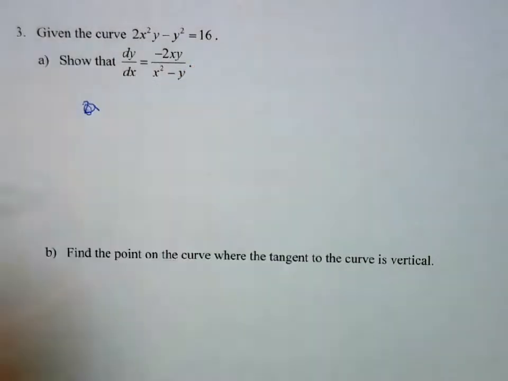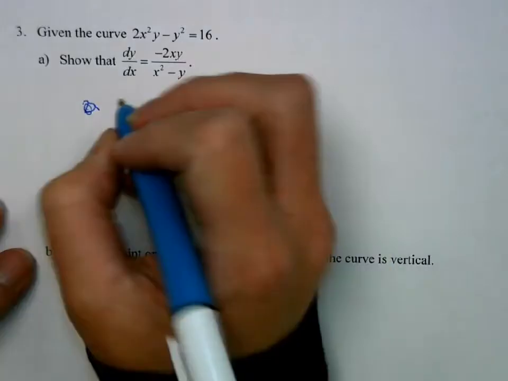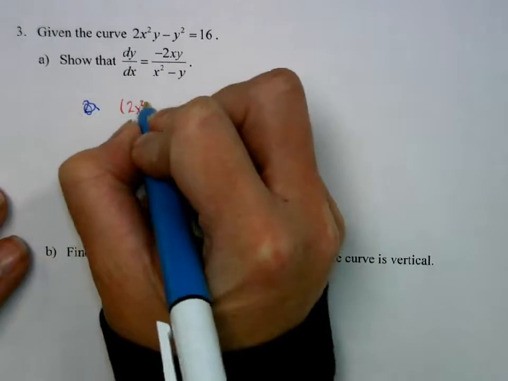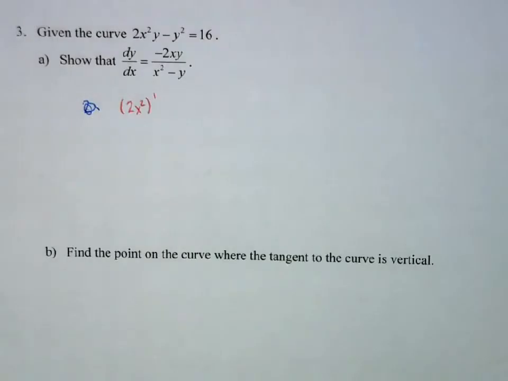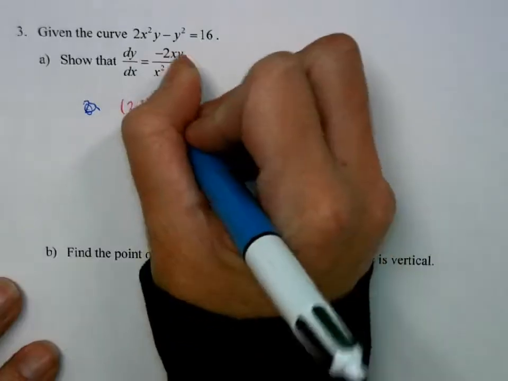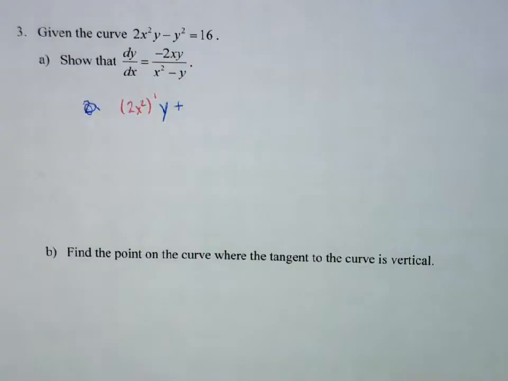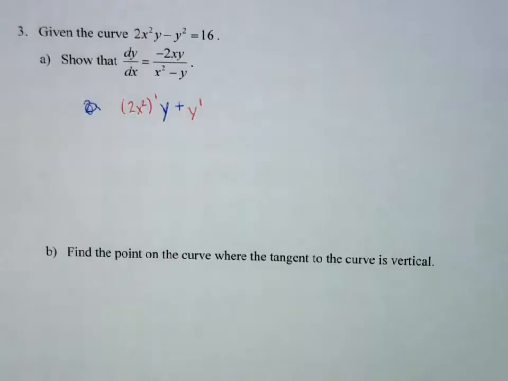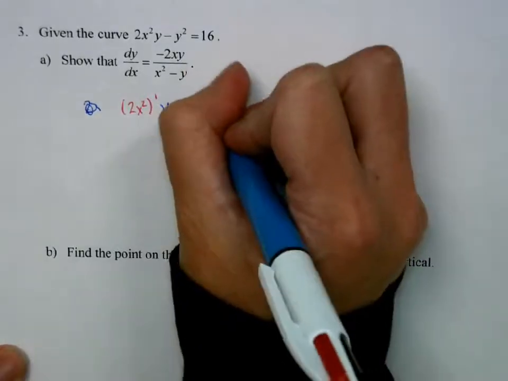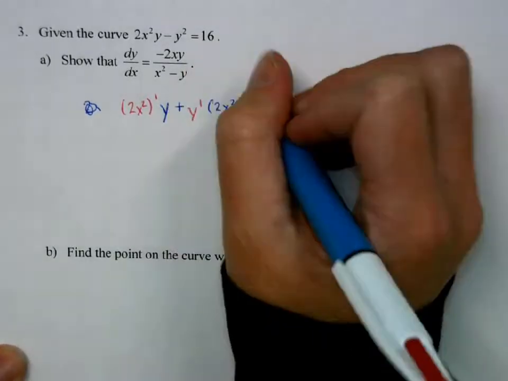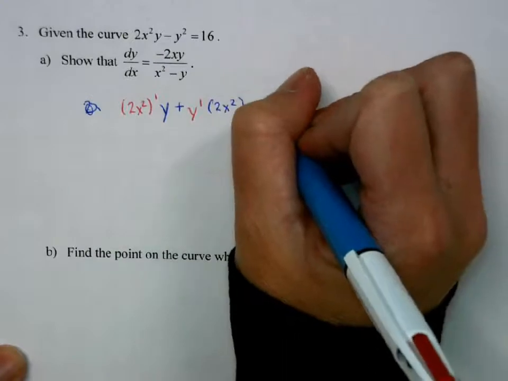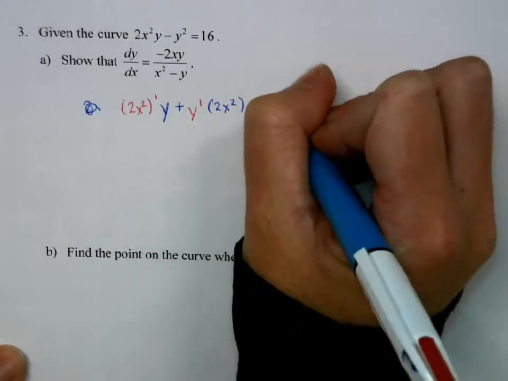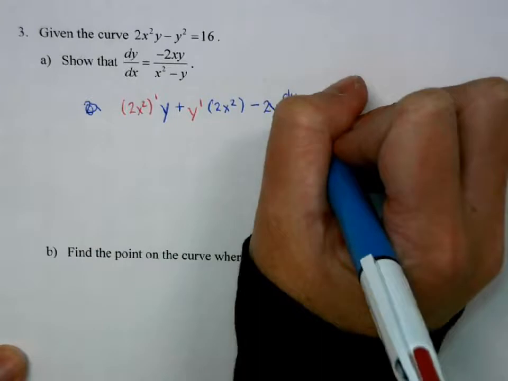So the first part we're going to have to do a product. 2x squared prime times y, plus y prime times 2x squared, minus 2y dy dx equals 0.